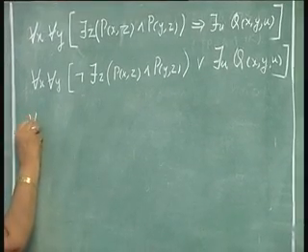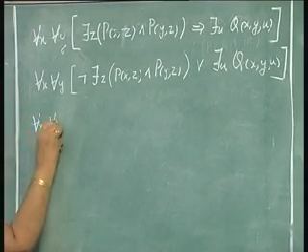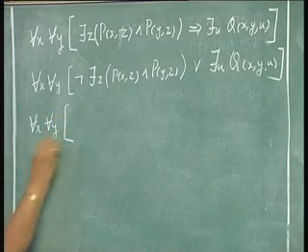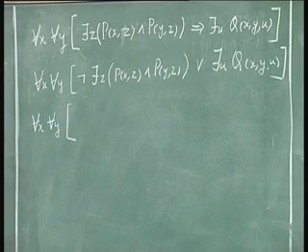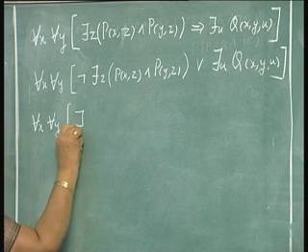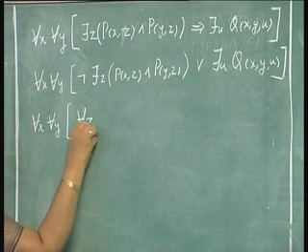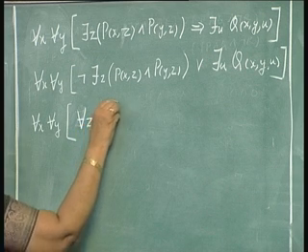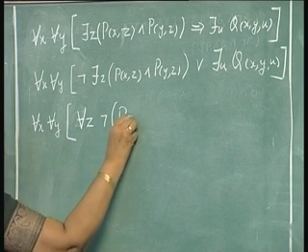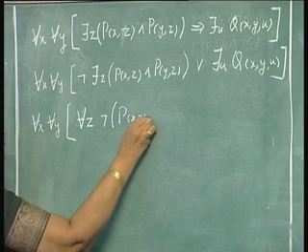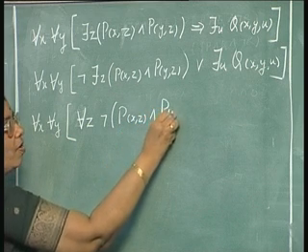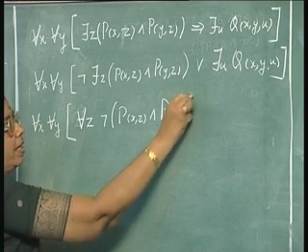Now, the for all of x for all of y remains as it is. The second step will be to bring the not inside. So, in that case there exists will become for all. So, for all of z not of P of x z and P of y z.